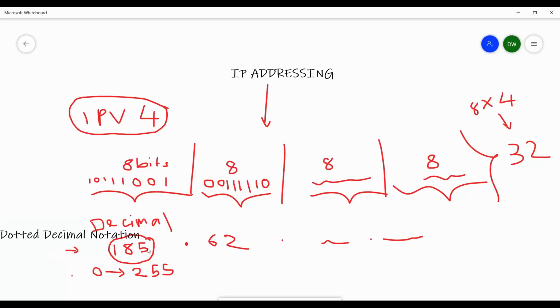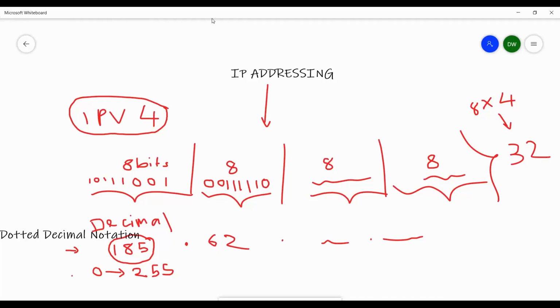Dotted decimal notation is given like this. And the previous pattern we call the binary notation. When you represent an IP address using binary numbers, we say it is binary notation. When you represent an IP address using decimal numbers, we say it is dotted decimal notation.